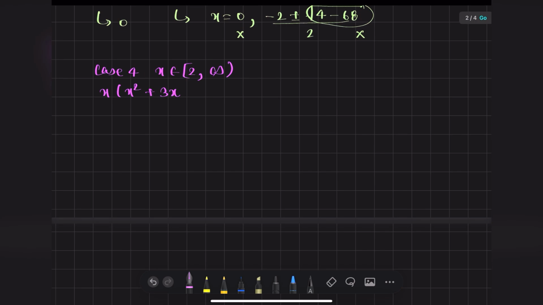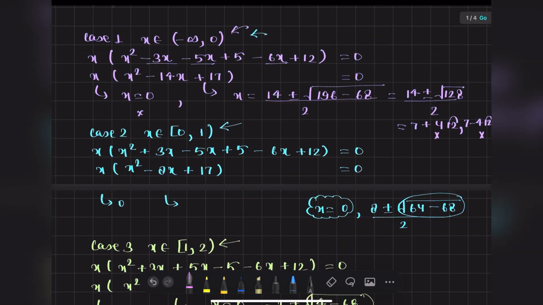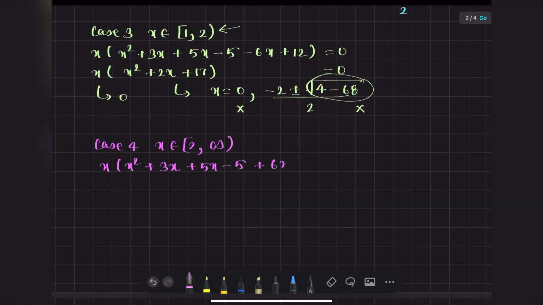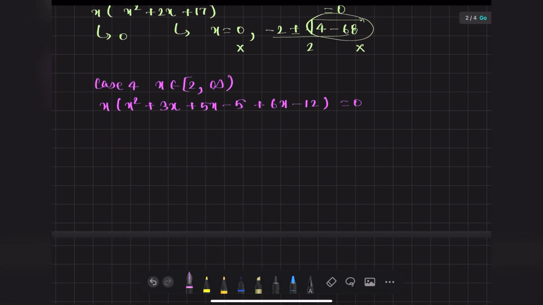So plus 5x minus 5 plus 6x minus 12 equals 0. Now please be super slow. So x square, 14x, and then 17. Is that okay?